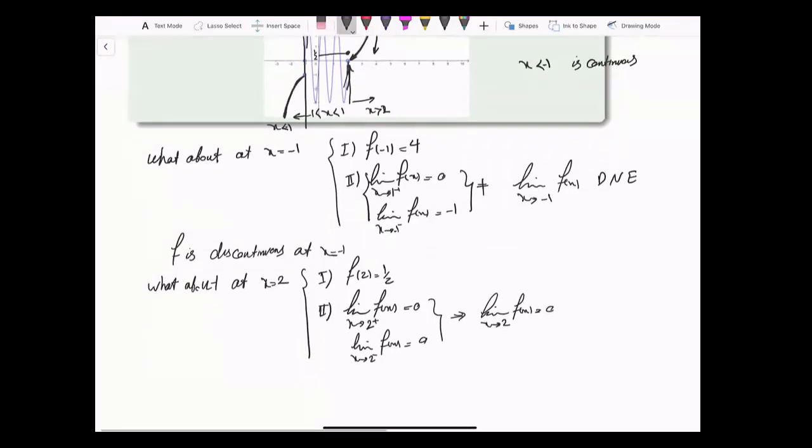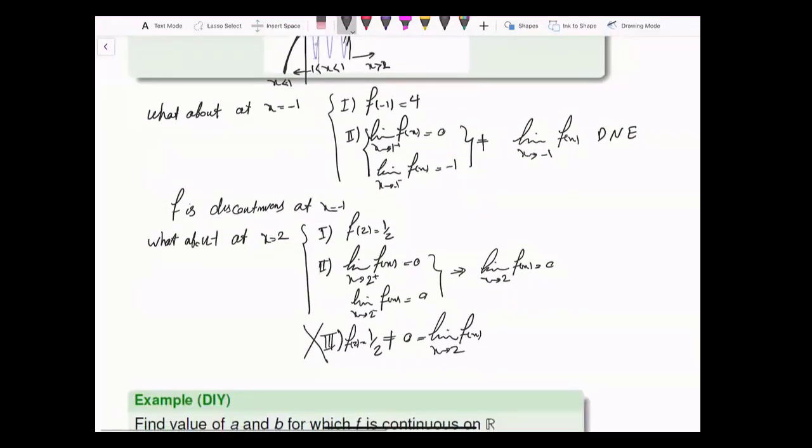Now, the third condition is, are these equal? Half is not equal to 0. So this is the limit, and this is f of 2. Well, the third condition fails. That means that f is not continuous at x equal to 2, sorry.